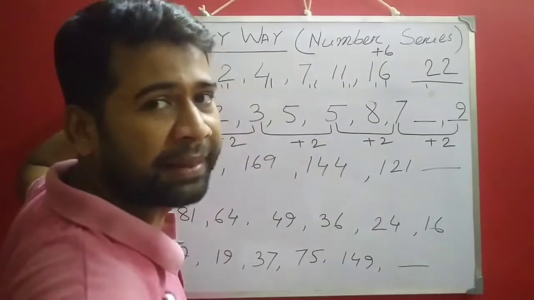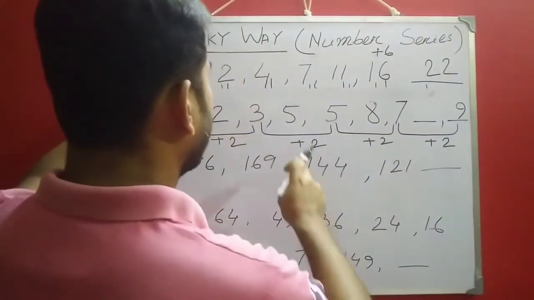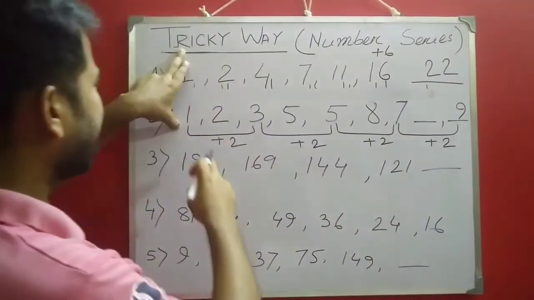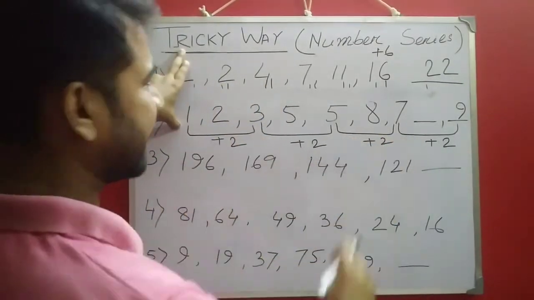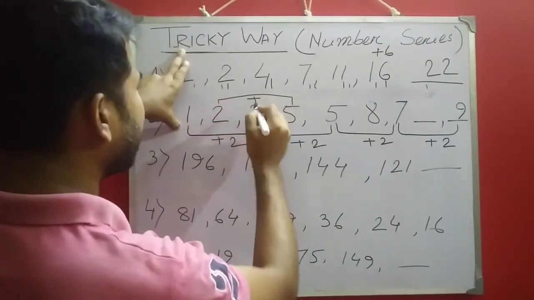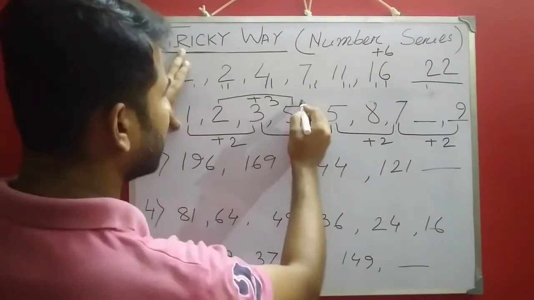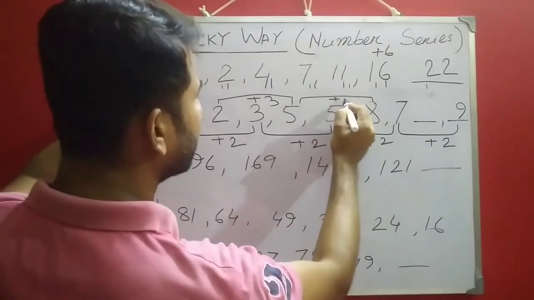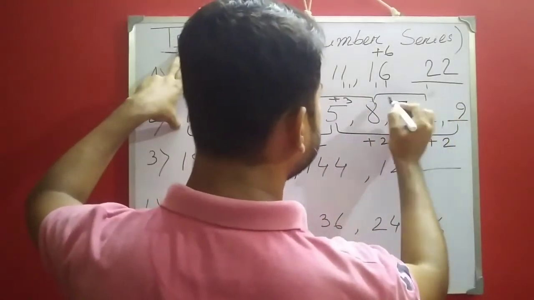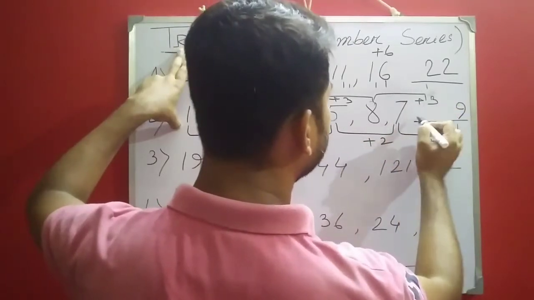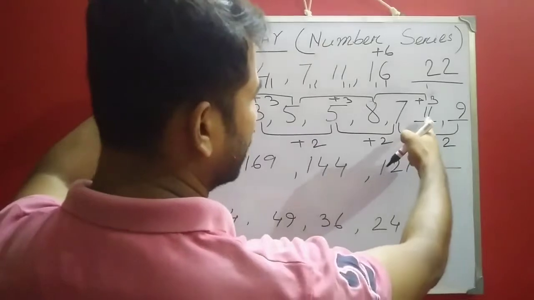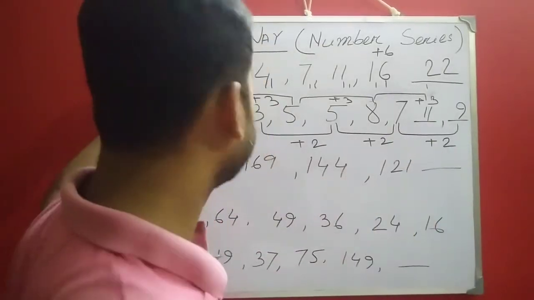Here 2 blanks are there. We see that the value increments like that, and the middle value increments like 3 plus 5 plus 3. So it will be 8 plus 3, means 11. Clear? So the values for those blanks are 11 and 9.